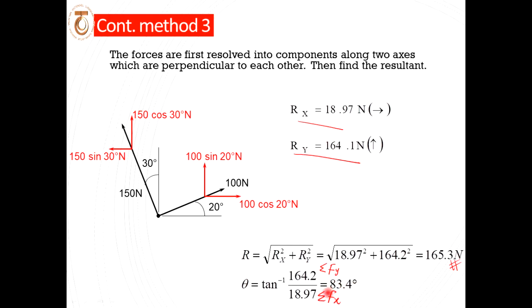So you will get theta is 83.4 degrees. By using three methods, the answers are not exactly similar for all methods, but they are almost similar. So we have 160-something for all the answers. So this is how to solve the resultant force.